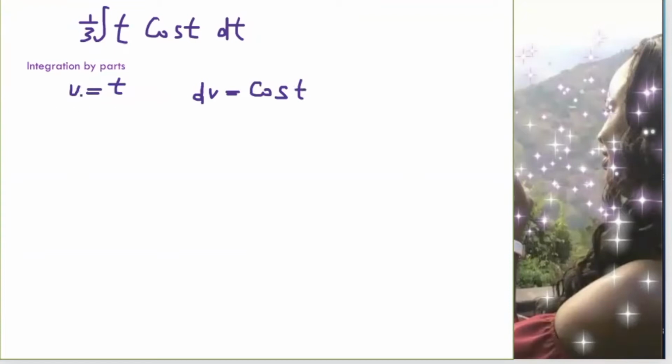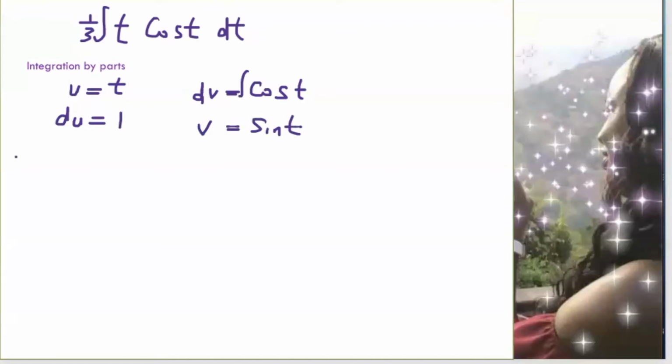So the integration by parts, I differentiate this. So du is equal to, just like how you differentiate x to get 1, you differentiate t to get 1. And dv to get v, we have to integrate cos t. So integrating cos t, I will have sine t. So this will give me sine t.